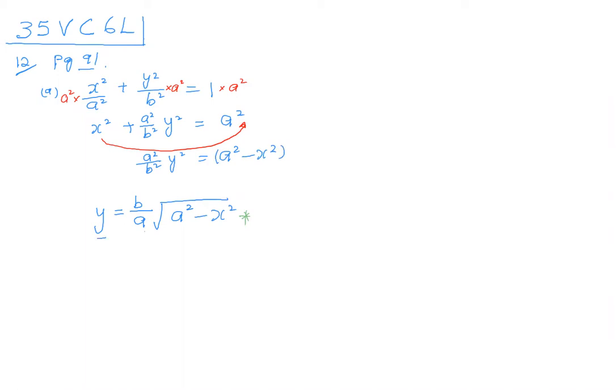So that means the whole thing you have to take square root. So when you take square root, it will become a over b times y, and this whole thing at the right hand side, you square root it.